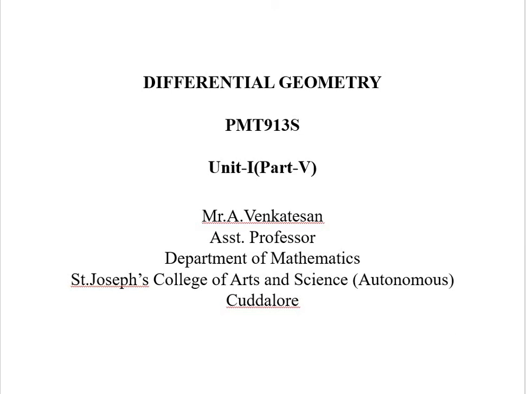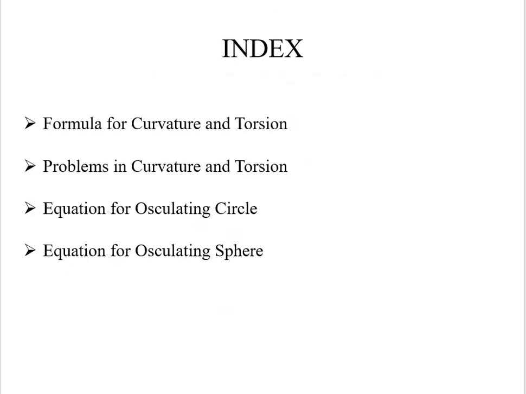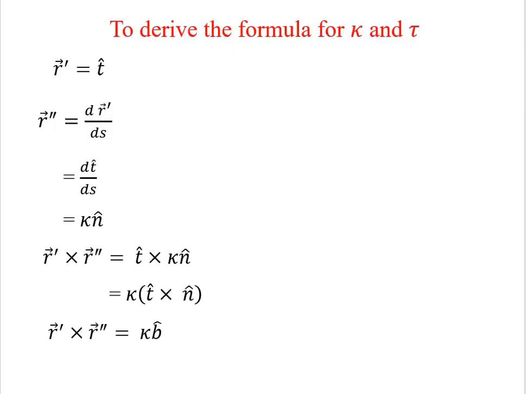So this is the video for finding the formula for curvature and torsion, problems in curvature and torsion, equation for the osculating circle, and equation for the osculating sphere. So now we're going to find the equation for curvature and torsion.